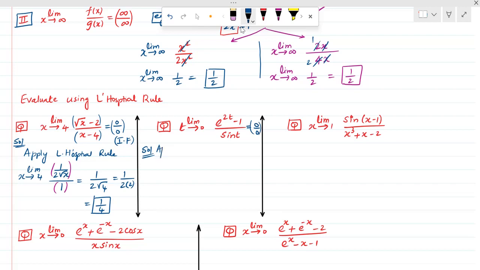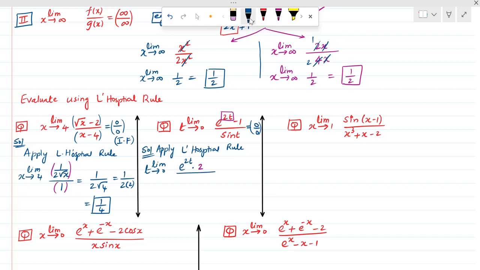Now, apply L'Hopital rule. So you will get limit t approaches to 0. What is the numerator you have? E power 2t. So this is a chain rule. When you differentiate 2t, it becomes 2. The 1 becomes 0. This is done, the numerator part. Over.